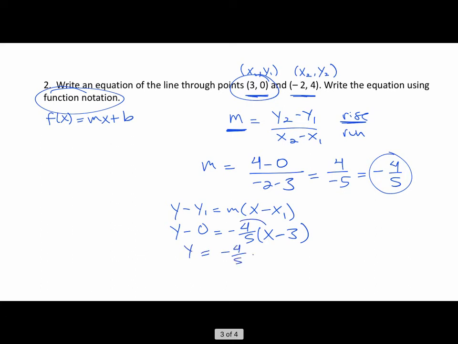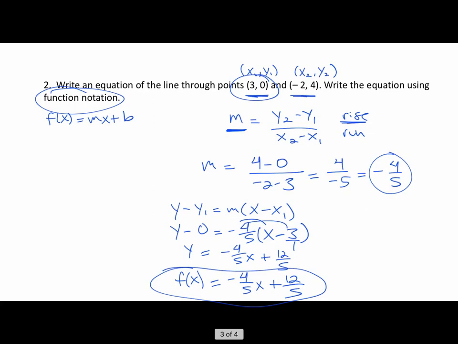So -4/5 times x, and -4/5 times -3 is going to be positive 12 over 5. Doesn't simplify. But I don't care. I just need to get this into the function notation because this is a negative sloping line. It is a function, and that will complete my answer to the question. I know my 5s look like S's, sorry.